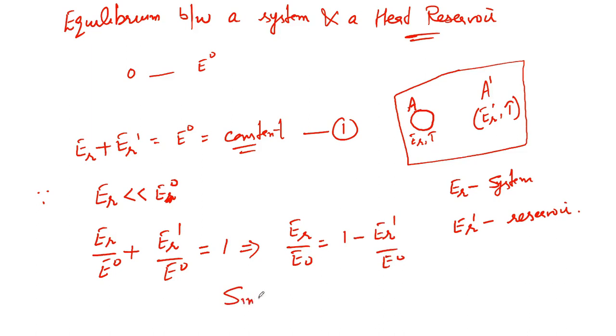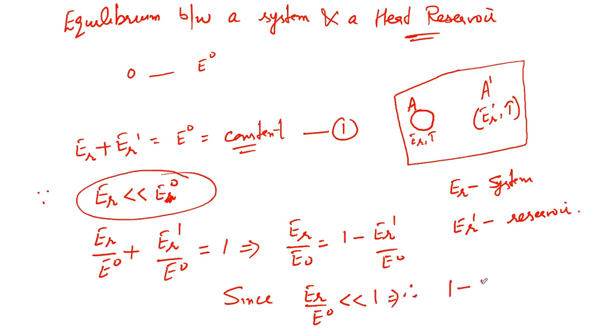Since ER over E naught is very small as compared to the total composite energy, this 1 minus ER dash over E naught will be very small as compared to 1, and let us say this is our equation number 2.